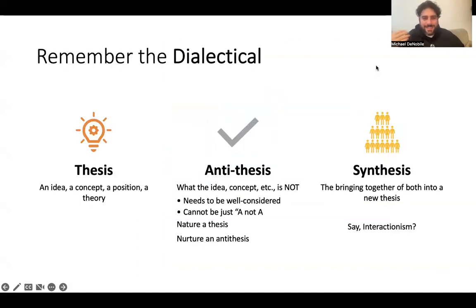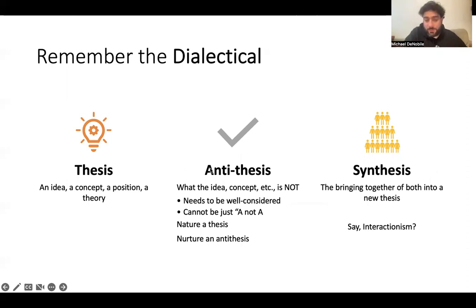Just coming back to this about the dialectical thesis, antithesis, synthesis. The reason why is that this is very much Karl Marx, who Vygotsky was influenced by. But again, you have an idea or a concept, let's say nature, the antithesis, which is nurture, and then the synthesis.